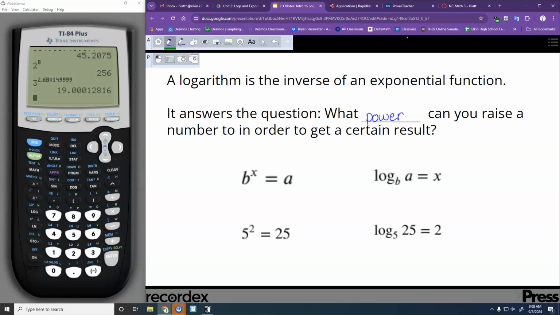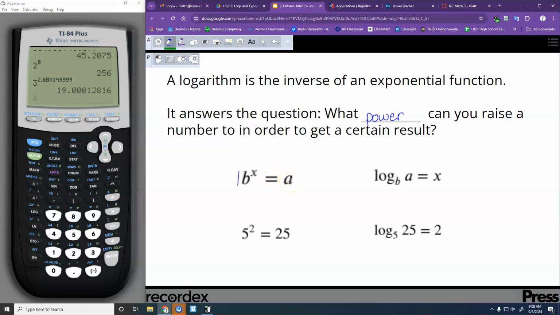Okay? So I've got 2 things written here. One of them is all with variables. The other one is all numbers. So if I have a base raised to the x power, it is going to equal a.